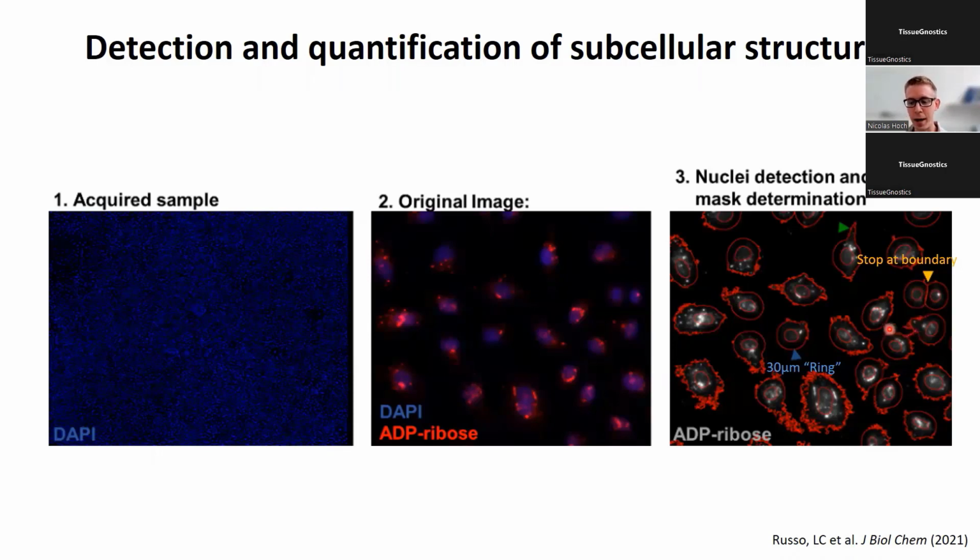So we grew this ring and stopped it from growing if it touches the neighboring cell. But we also allowed this mask to grow further if there was still signal, in order not to lose any signal that might be a bit further away from the nucleus than expected. As long as there is signal, this boundary was allowed to grow.